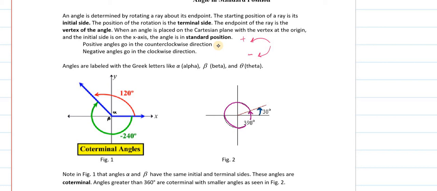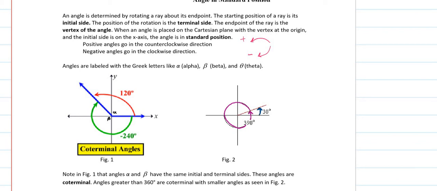Note that in this first example, we have coterminal angles because angle alpha is a positive angle of 120 degrees, but angle beta is a negative angle of negative 240 degrees. And notice that they have the same initial side and terminal side. So if they have the same initial and terminal side, they're called coterminal.